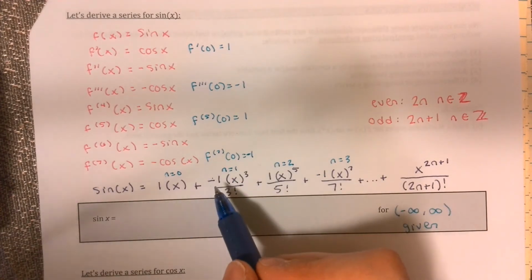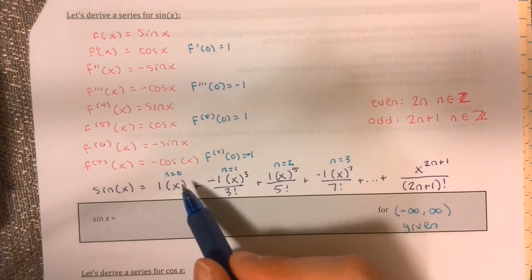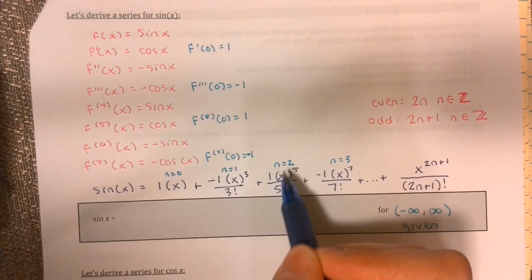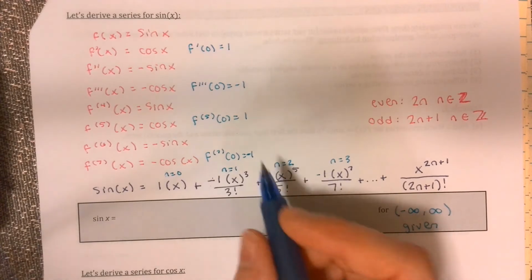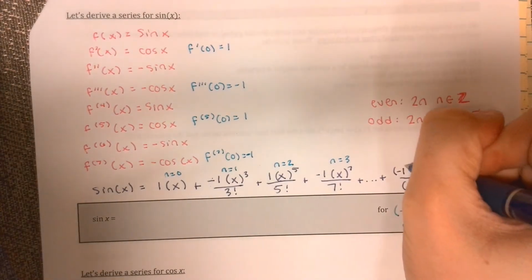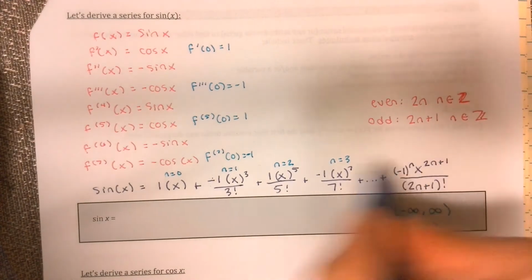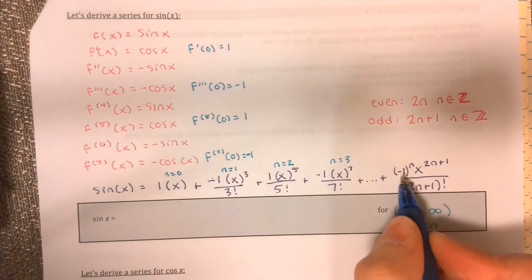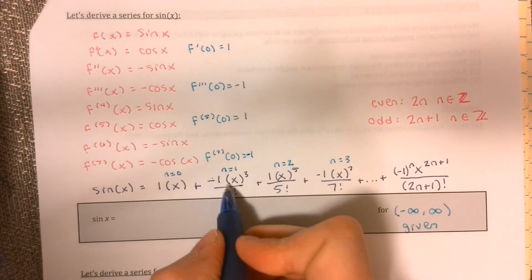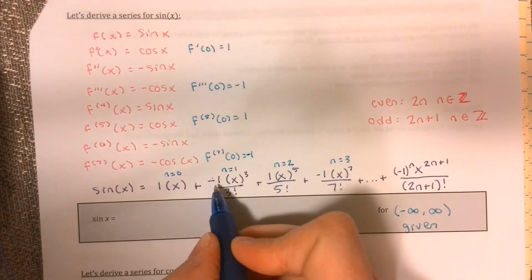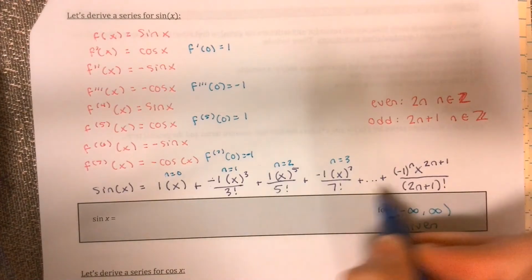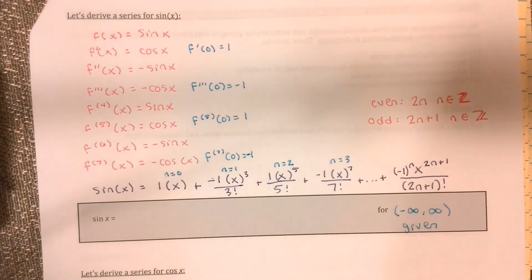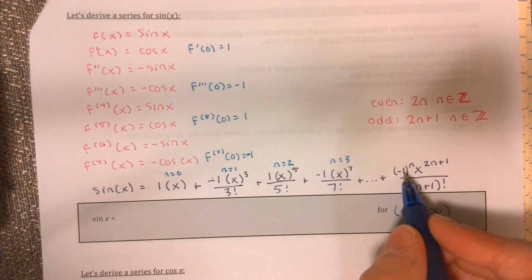So if all of the even n's are supposed to be positive, why don't I just let the exponent on negative 1 be n? Okay, because for n equals 0, well, anything to the 0th power is 1. For n equals 1, I'll get my negative 1. For n equals 2, I'll square it and I'll get back to positive 1. N equals 3, it's odd again, back to negative 1. Okay, so I can leave my exponent for negative 1, the alternating signs, as just n.